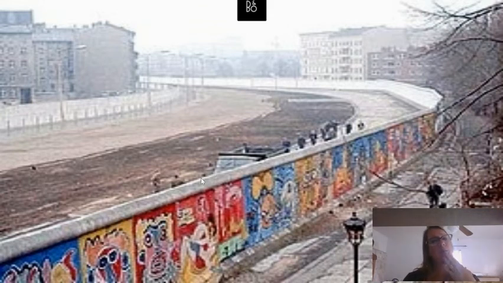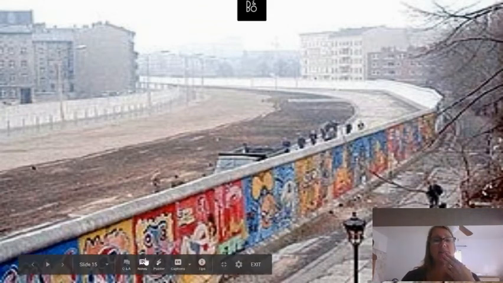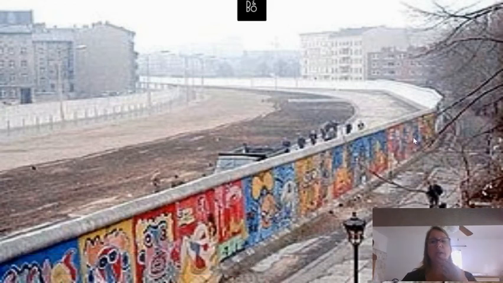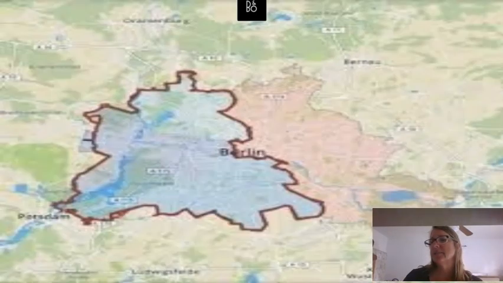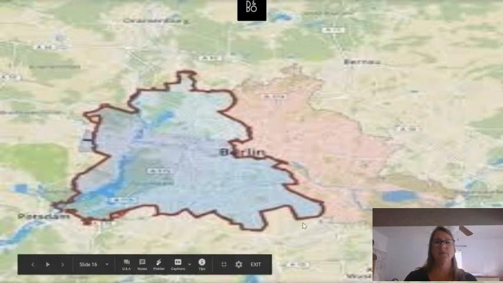I wonder which side of the wall that is. And on this side of the wall, it's very colorful. There's a lot of paintings, a lot of graffiti, a lot of freedom of expression. I wonder which side of the wall that is. So here's a map. This dark, bold line is the wall and how it's surrounded.